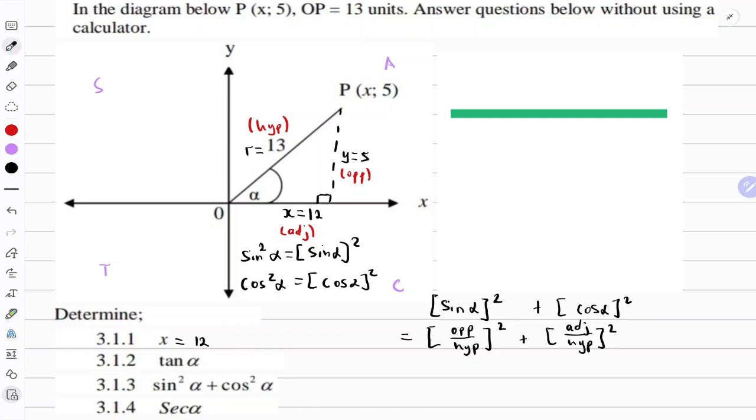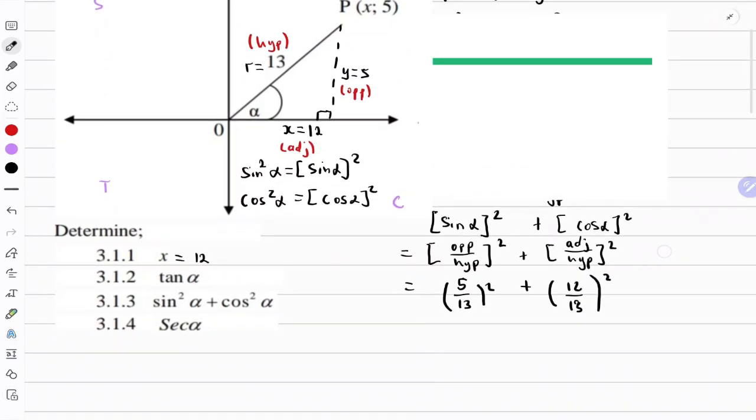So the opposite over the hypotenuse is 5 over 13, squared, plus the adjacent over the hypotenuse, which is 12 over 13, squared. So this can be written as 5 squared over 13 squared plus 12 squared over 13 squared.